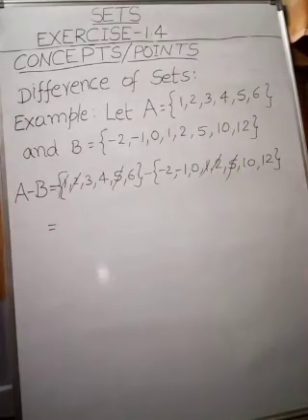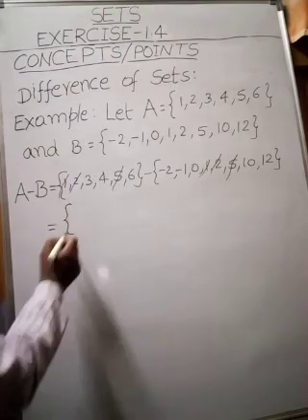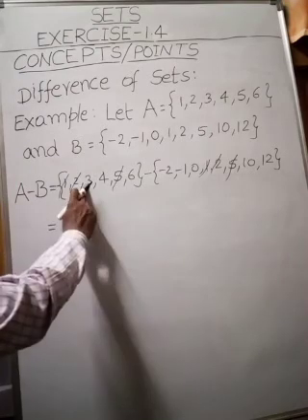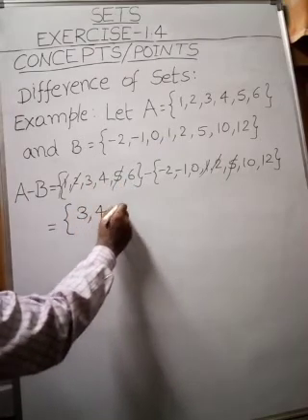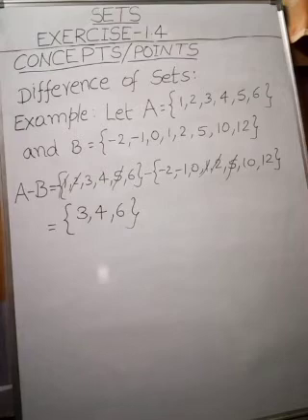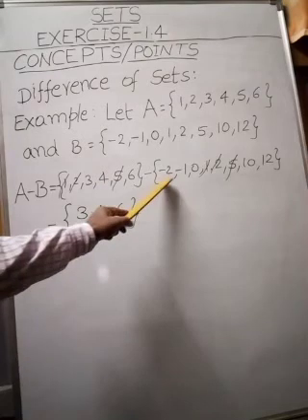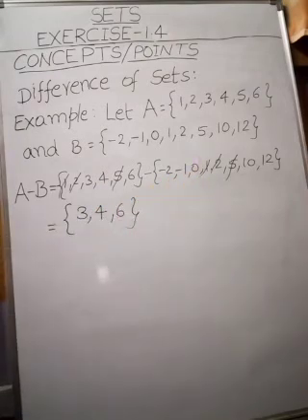We have to strike out the common elements in both A and B. After cancelling the common elements, what are the elements left in the first set? 3, 4, 6. That's all. We should not consider the elements in the second set which are left after cancellation.